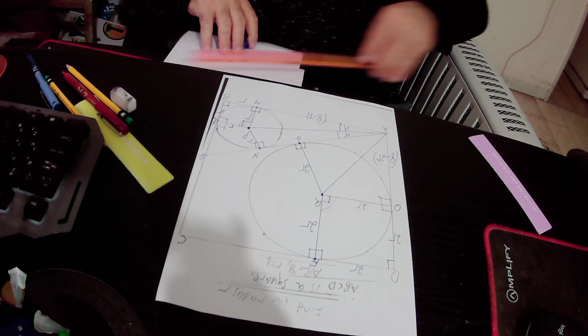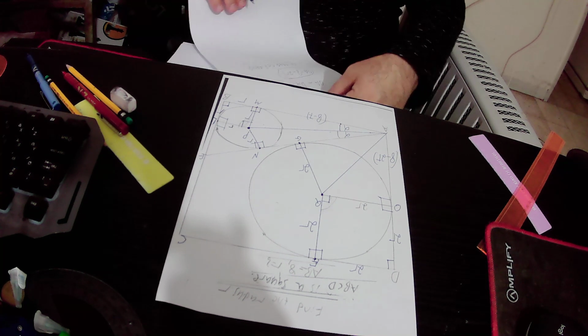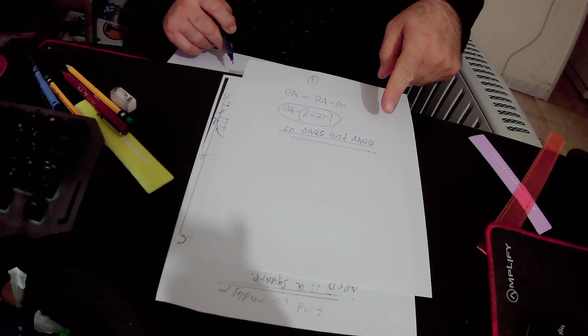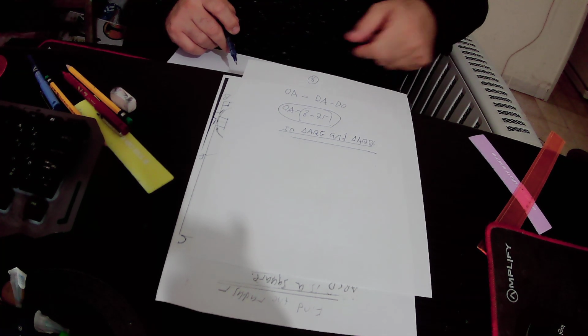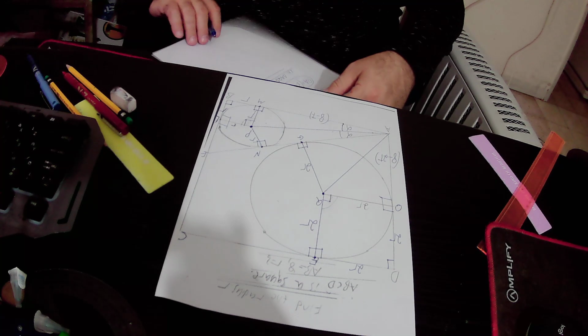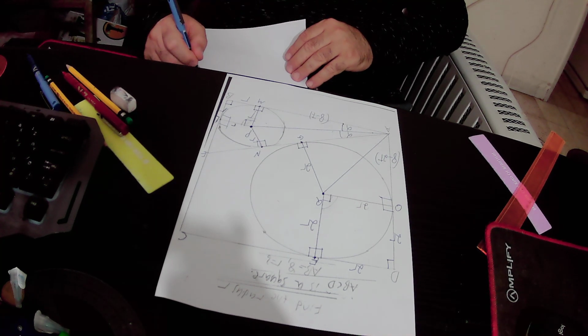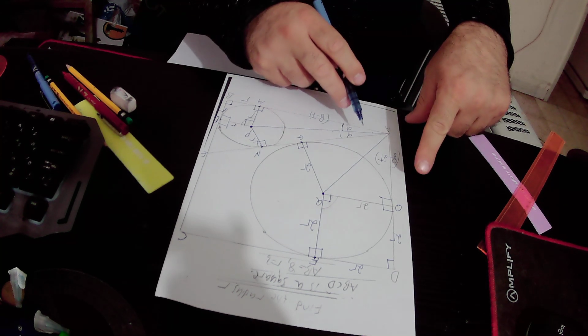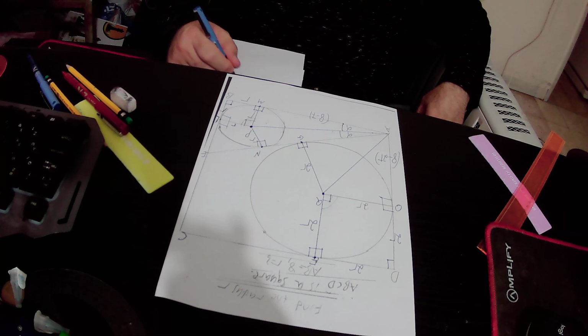I'll repeat again, we will prove that the right triangle AQG is congruent to the right triangle AQO. First of all, we know that AG equals AO, according to rule number 2.